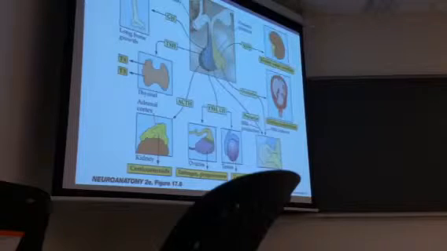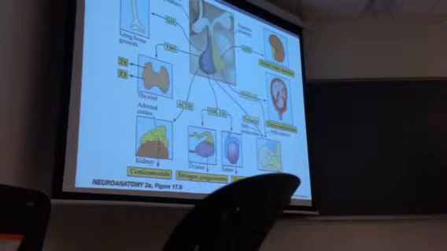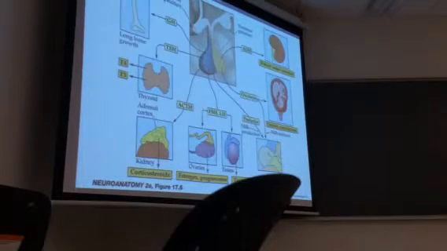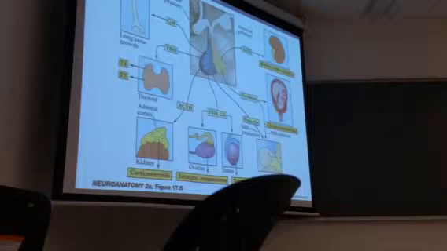So if you become dehydrated, the signals are collected in the hypothalamus, because if you become dehydrated, your blood becomes hypertonic. Osmolarity changes will be detected in the hypothalamus. Antidiuretic hormone will be released into the hypophyseal portal system, where it then circulates.